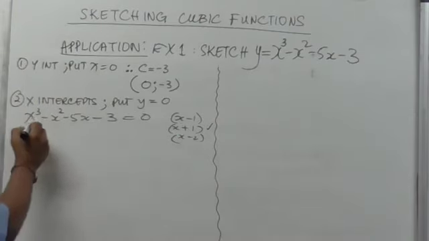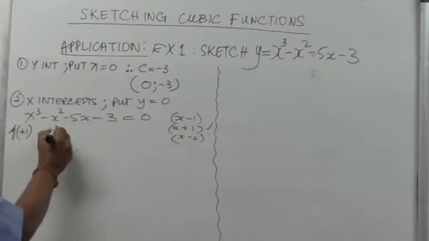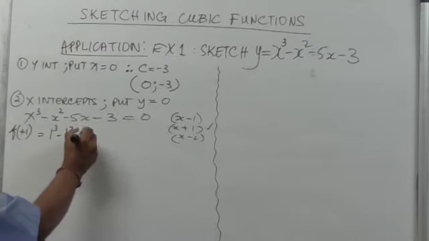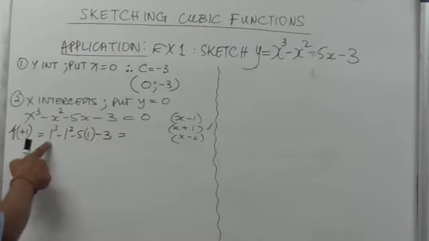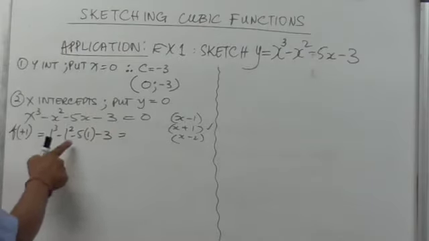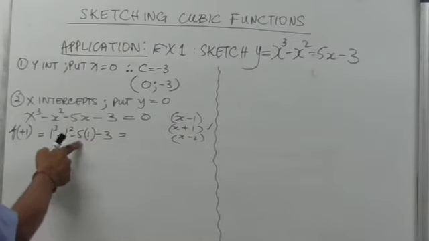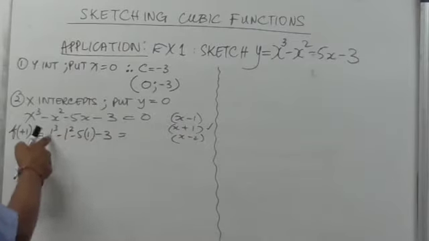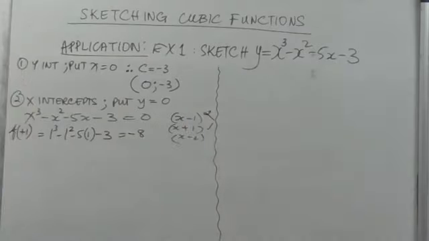If you try f of 1, it will be 1 cubed minus 1 squared minus 5 into 1 minus 3, which gives you minus 8 minus 9 plus 1, which gives you minus 1. So this is not a factor.